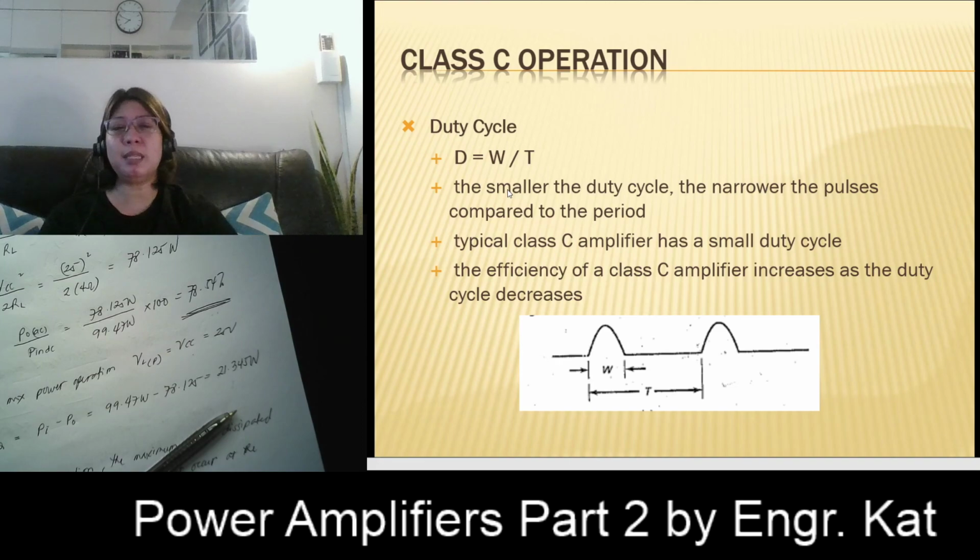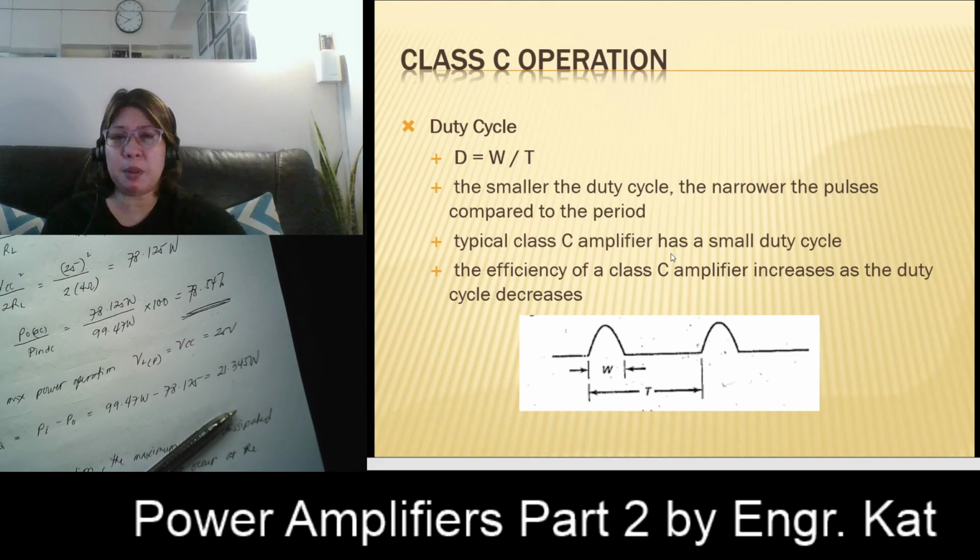Since Class C has something to do with pulses, we have your duty cycle. Your duty cycle is equivalent to W over T, which is the width of your pulse versus the period. When you say period, this is the start of your first pulse to the start of your second pulse. So the smaller the duty cycle, the narrower the pulses compared to the period.